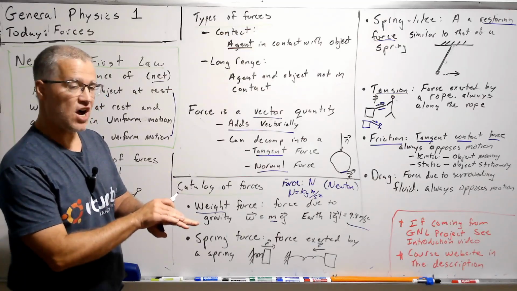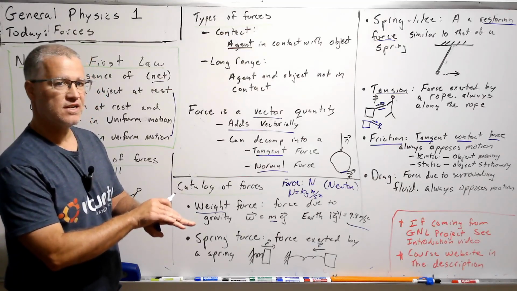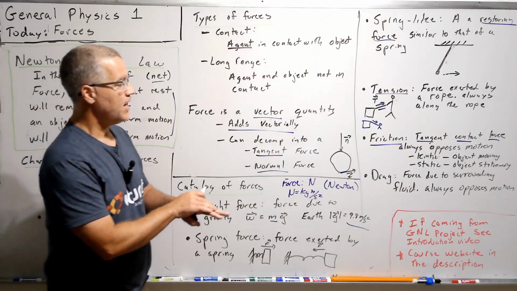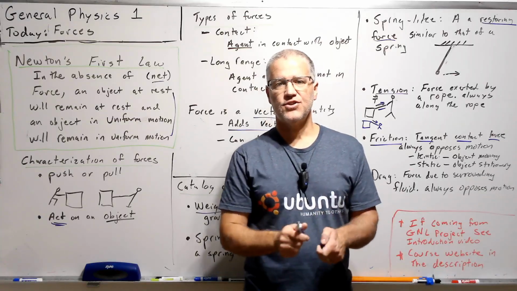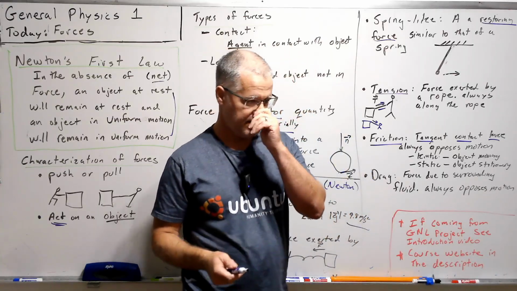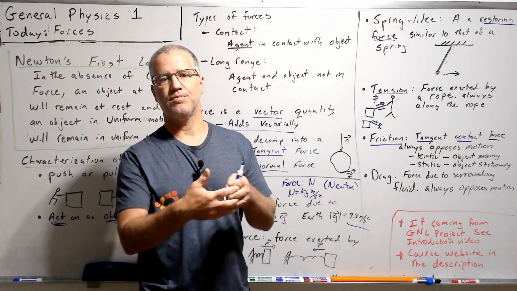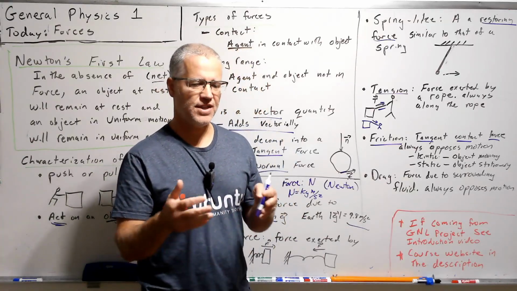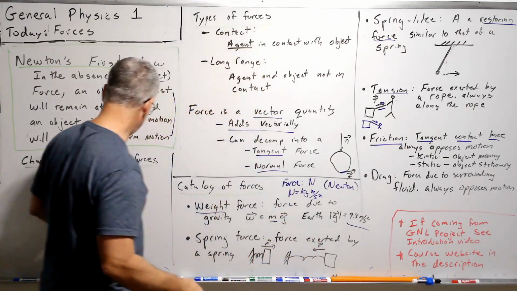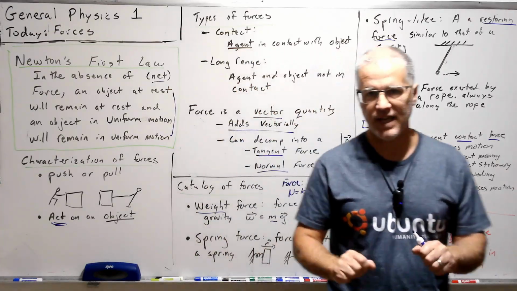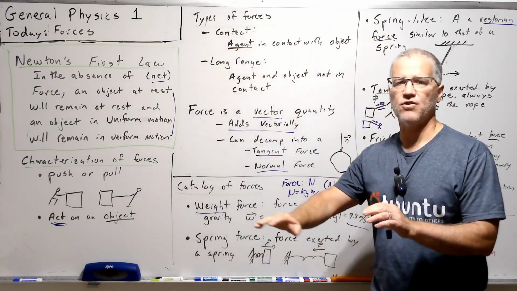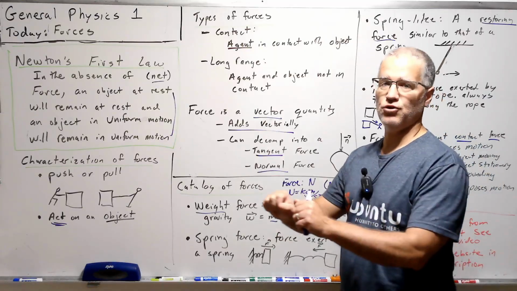The object is in contact with a surface, and that force always opposes motion. The direction it takes on is such that it is opposing the motion. I think the classic example here would be sliding this box on a floor. If we have a smooth gym floor, it might be easy to push that box.